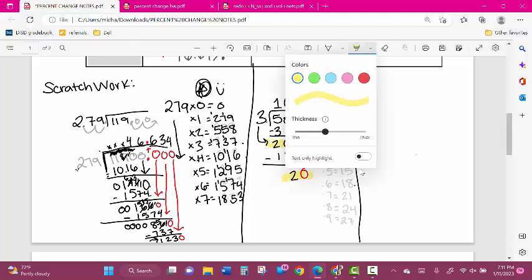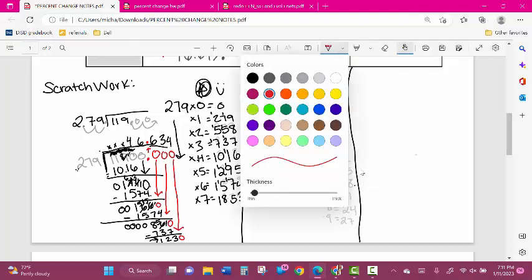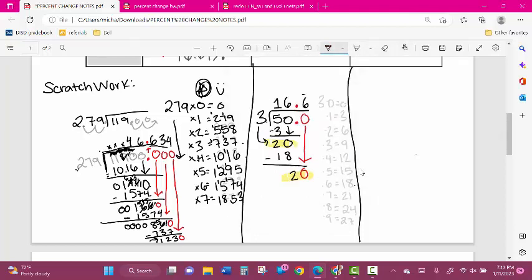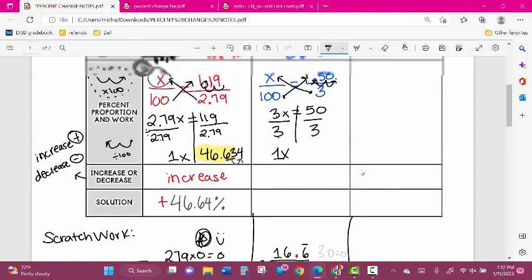So I know I'm going to keep getting 3 into 20 over and over and over, which means the 6 is repeating. So 1x is 16.6, which means my solution is 16.6%. And the only thing I need to know now is if it's a percent increase or a percent decrease.